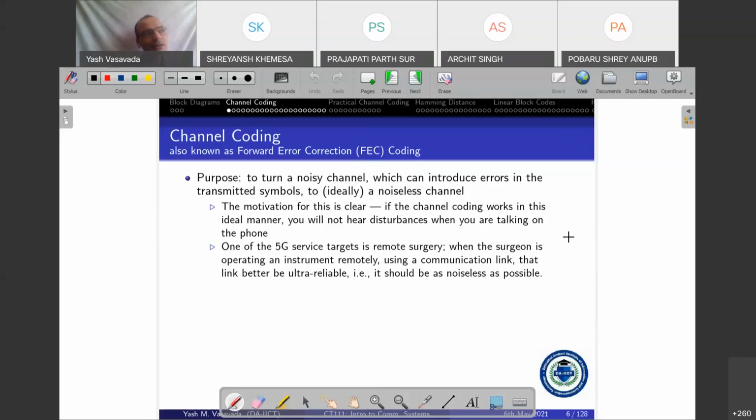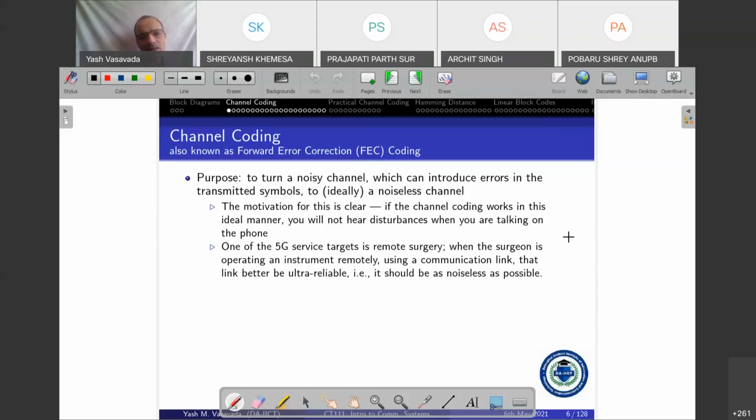And if that communication link is noisy, then the patient is in trouble, because the surgeon is moving his or her instrument in a specific manner, but then the actual robotic arm, maybe inside the body of the patient, doesn't follow the surgeon's movement, and then it can actually be highly damaging.